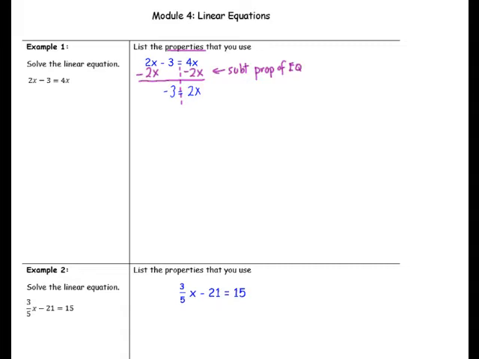We want to undo that multiplication with division. With division, remember to use a fraction bar. Divide both sides of the equation by the same number, by the coefficient. The coefficient is 2. So we divide by 2 and divide by 2. This is the division property of equality.